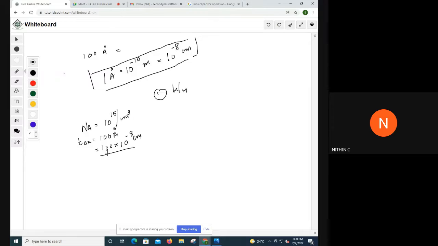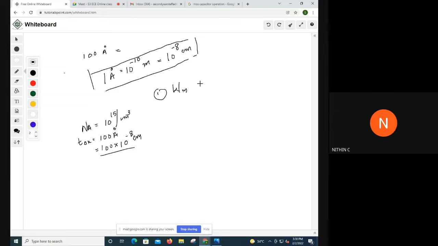Then it is given that this particular MOS structure is at the onset of strong inversion. So in that case, you need to find the width of the depletion layer. What is the expression for the width of the depletion layer?